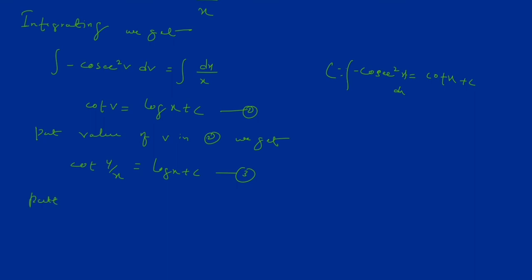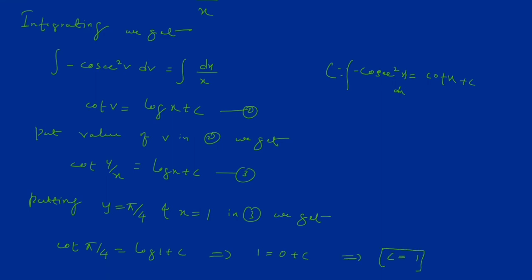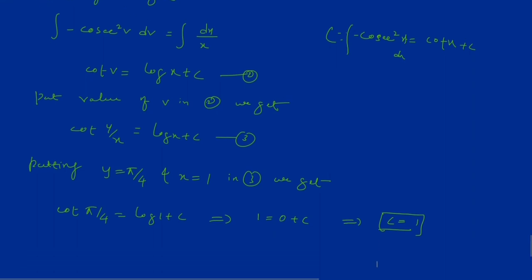Now putting y equals pi by 4 and x equals 1 in 3, we get cot of pi by 4 by 1, which is pi by 4 only, equals log 1 plus c. So cot pi by 4 is 1, log 1 is 0, plus c, which implies c equals 1, right? The value of c is 1 here.